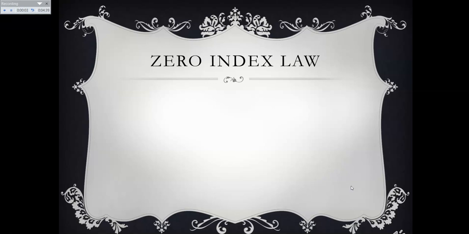Let's look at the zero index law. How did we come up with it? So we're given the following example. Simplify 5 to the 6th power divided by 5 to the 6th power. So of course we're dividing, so we set it up as a fraction and we do our cancelling, right?